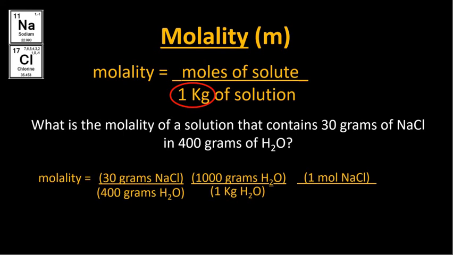So you would add 22.990 and 35.453, and you get the remarkable number of 58.443 grams of sodium chloride in 1 mole.